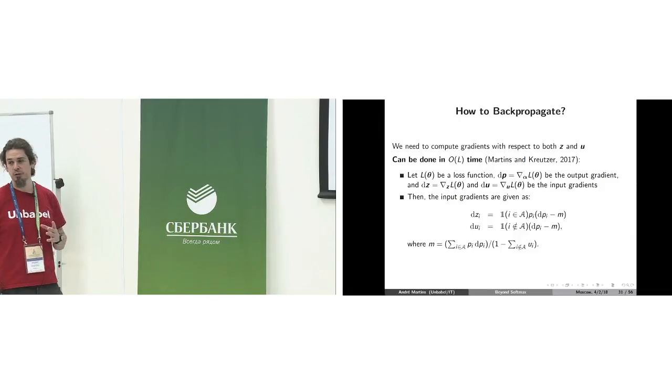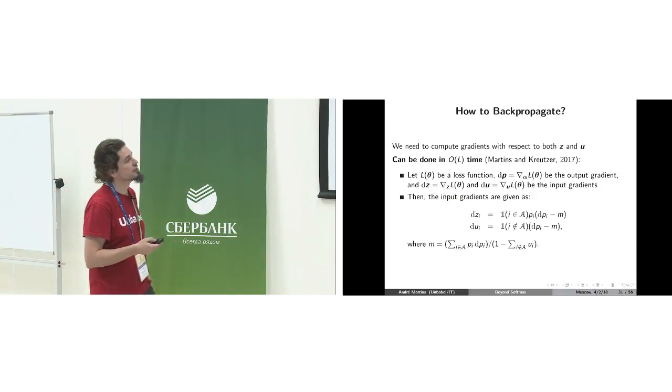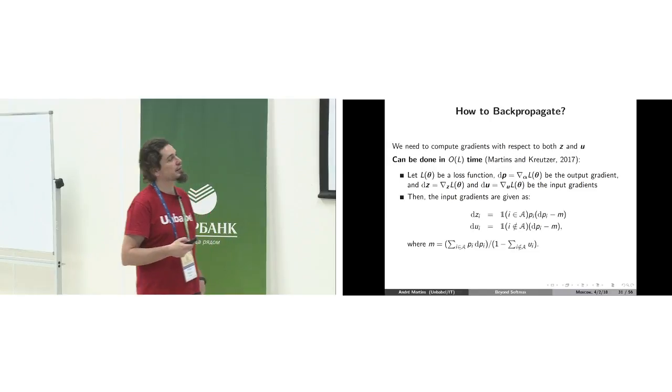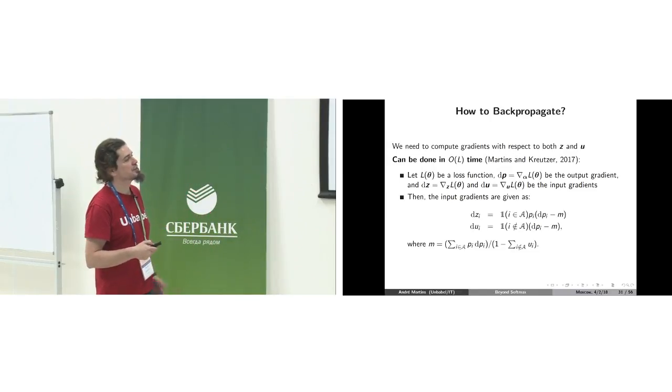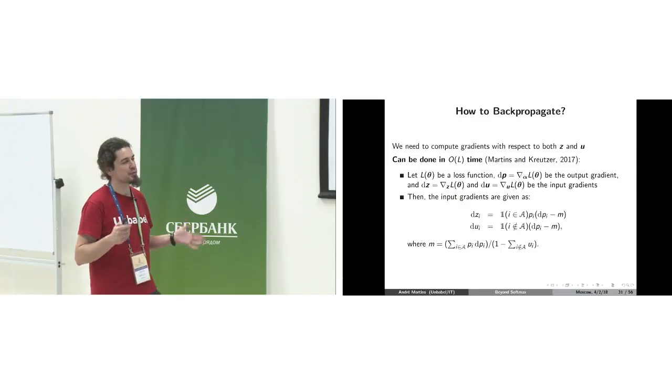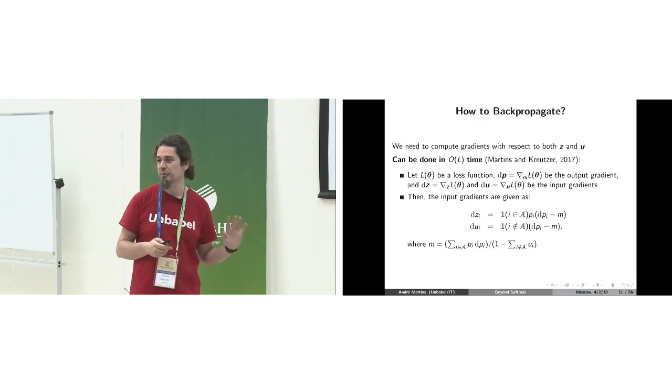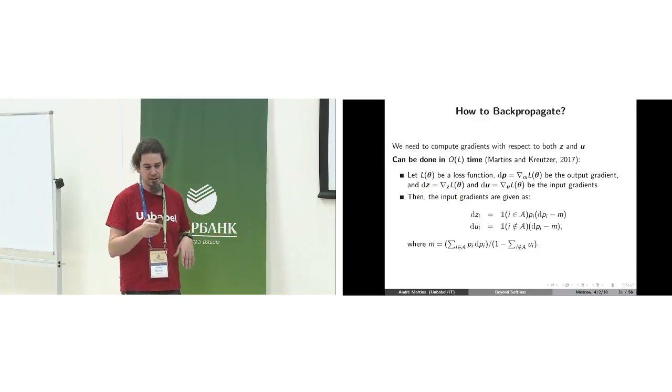So in the end, you want to backpropagate not only with respect to Z's, but also with respect to these upper bounds. And it's very simple to backpropagate, as we have computed the forward pass. So these are the expressions. Everything can be done in linear time. I'm going to skip details. If you are interested, you can take a look at the paper to see proofs of these things.